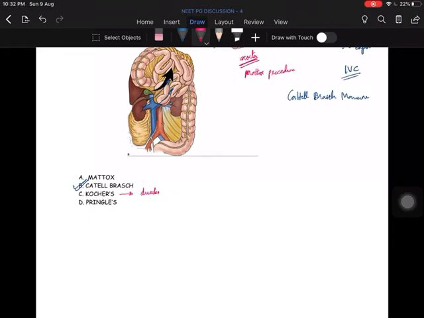And Pringle's maneuver is to apply pressure at the portal triad in case of hepatic injury, to stop bleeding.